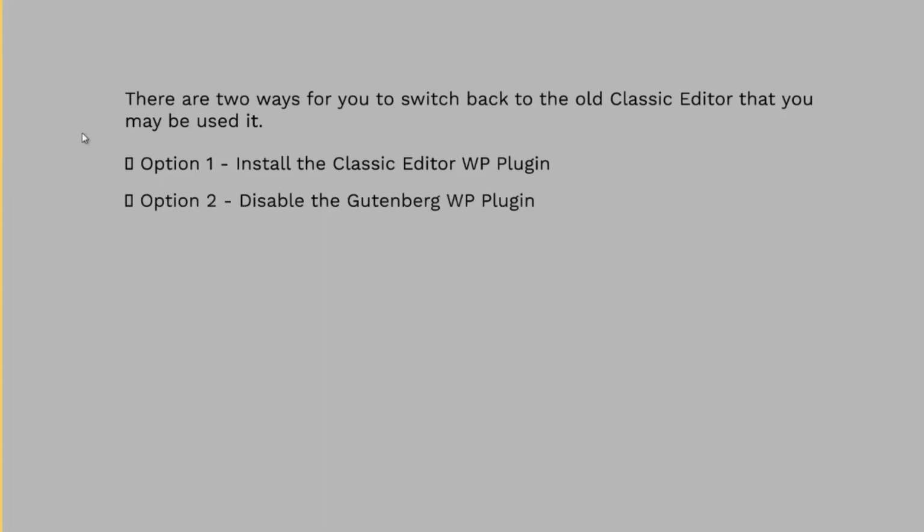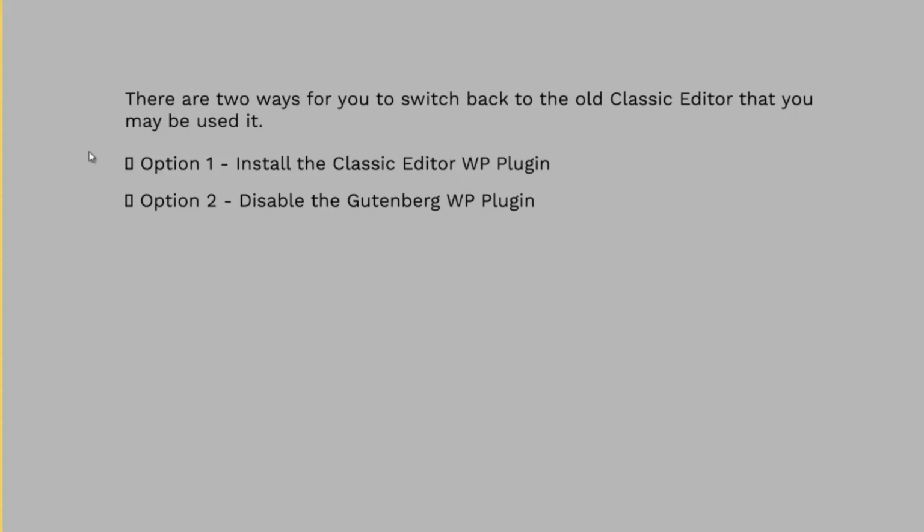Now, bear in mind that option one is what most of you are going to implement. Option two, the reason I included this was because some of your clients or some websites that might be outdated, that haven't been updated, may be utilizing the Gutenberg WordPress plugin.